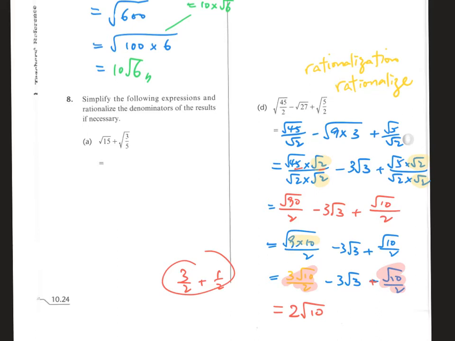You look at the root 10: there is 3 over 2 root 10, so we just take 3 over 2 first. The other root 10 here is 1 over 2, you take out 1 over 2, and you add them up together in the calculator, which gives you 2. What item are we talking about? It's root 10. So it's called 2 root 10 there, and minus 3 root 3 is put at the end. So that's finished. We finished the question.